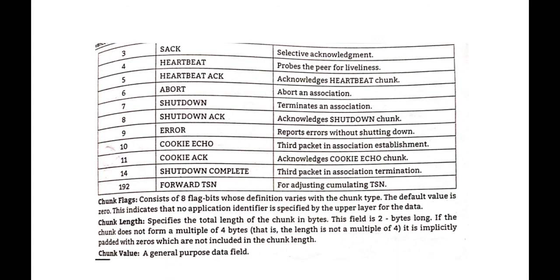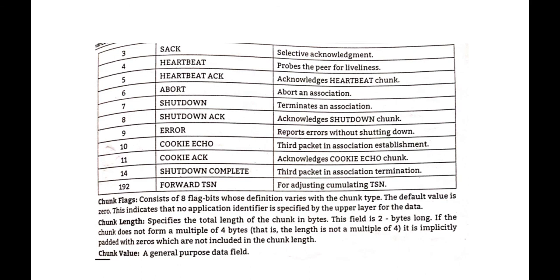Then the next one is the chunk length. The length defines the total size of the chunk. This is 2 bytes long. If the chunk does not form a multiple of 4 bytes, that is, the length is not a multiple of 4, it is implicitly padded with 0s, which are not included in the chunk length.